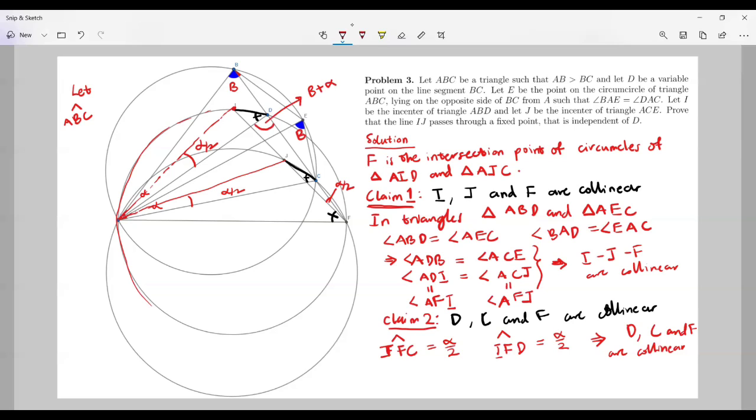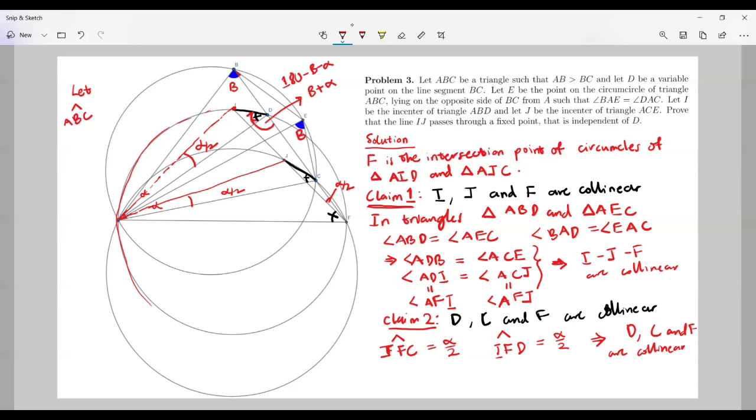Okay, so it means this angle here will be 180 minus B minus alpha, but then half of it. Half of it is going to be what this angle is.